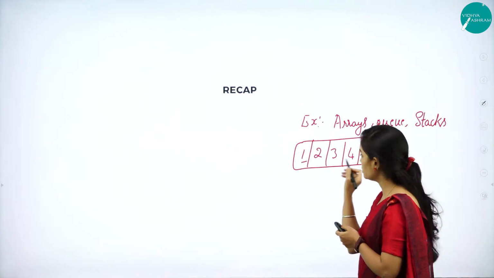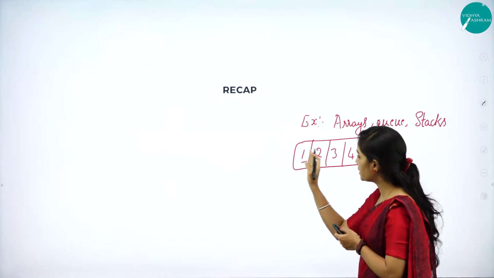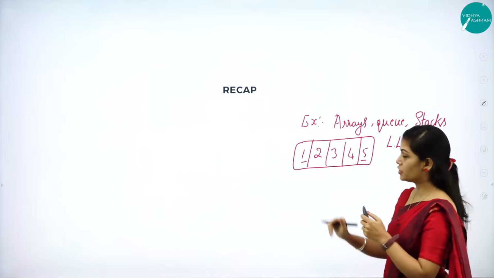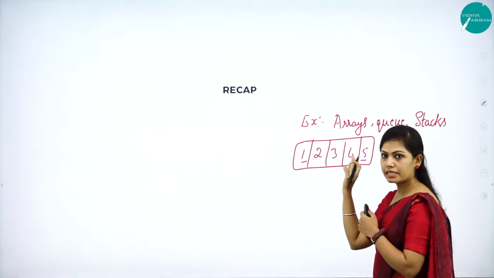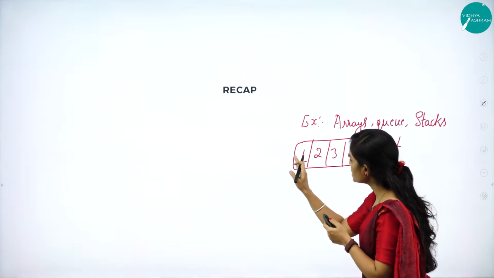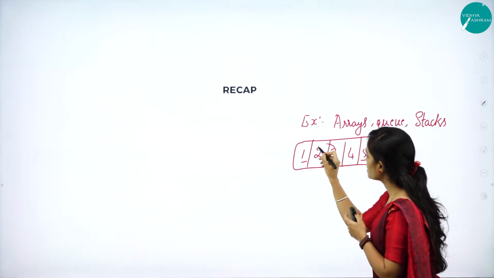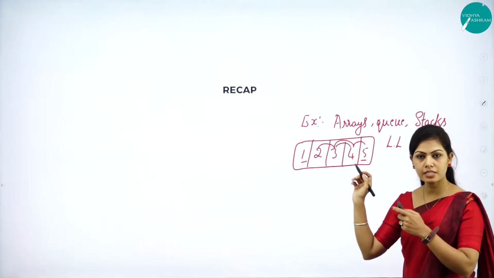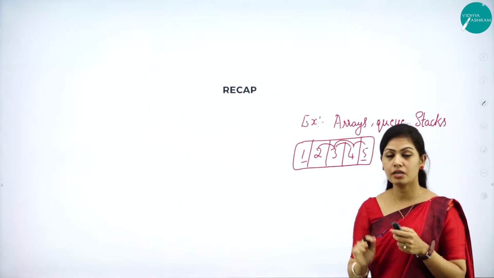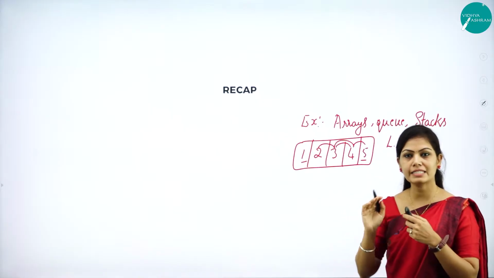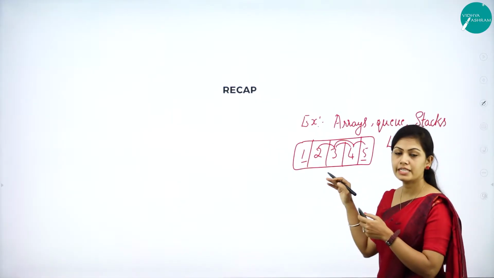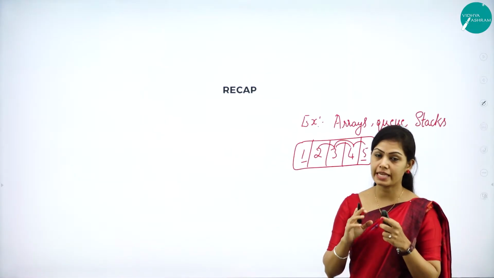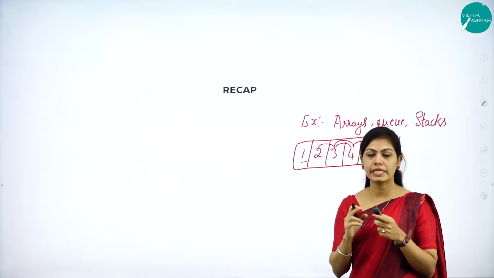If data elements consist of one predecessor and one successor, then we can call it a linear data structure. All the data elements are arranged in a sequential order, in some proper order. Examples: arrays, stacks, queues, linked list.